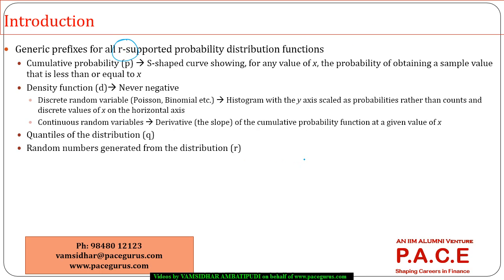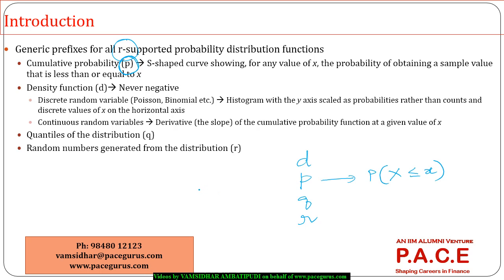In some cases you can give a prefix as D, in some cases it could be P, it could be Q, it could be R. Going with each one of them, if I am giving a prefix as P, I am trying to find out the cumulative probability, which is nothing but the probability that X takes on values less than or equal to x. This is what P is.